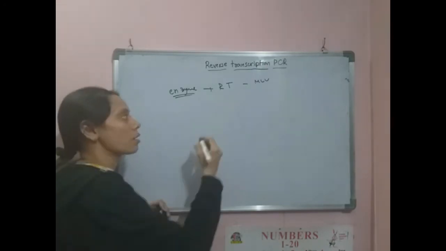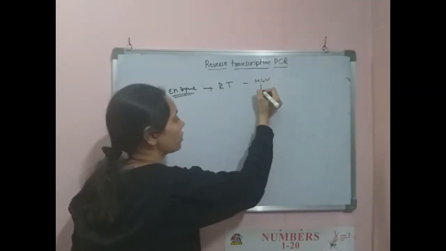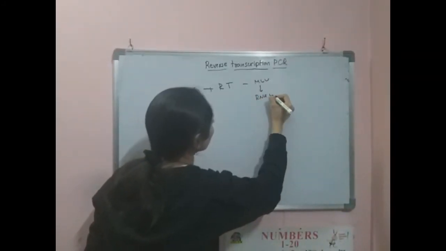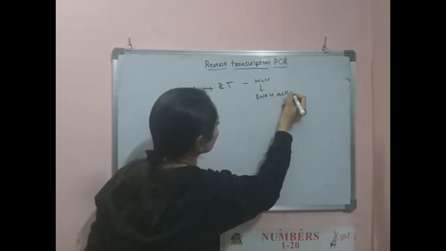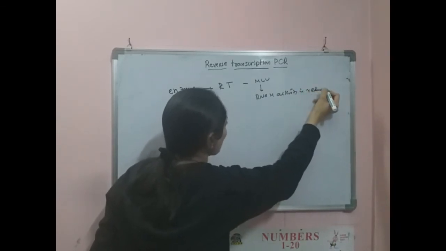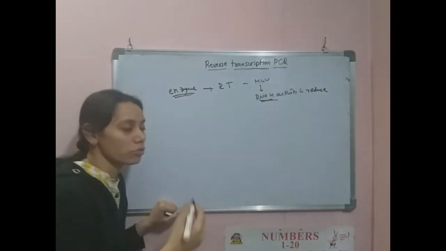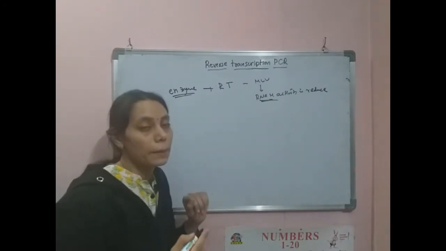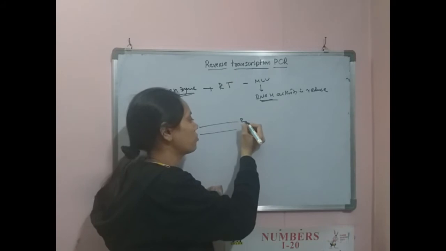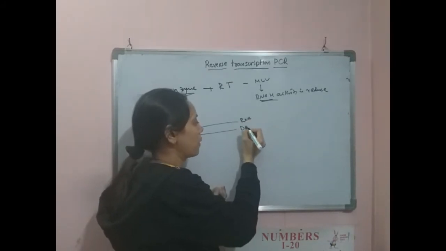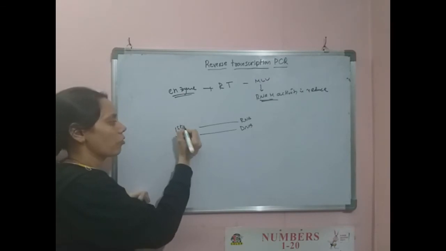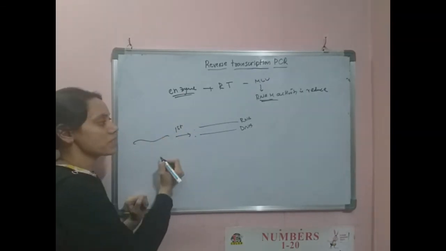In the MLV enzyme, the RNase H activity is reduced, so that it will not cleave the RNA from the RNA-DNA hybrid that is obtained during the first step of the reverse transcription.